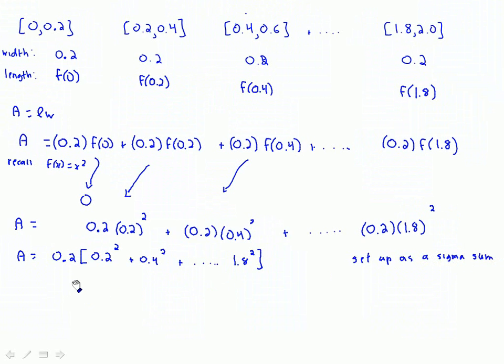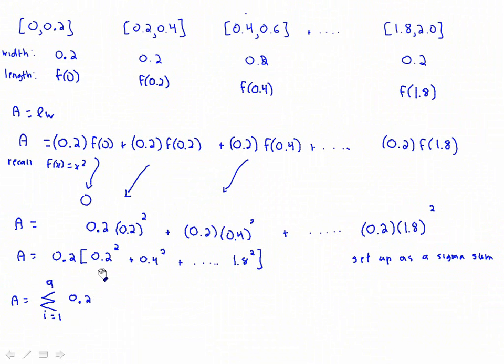We can see that, first off, using this, area is equal to sigma, starting at, let's say, i is equal to 1. Doesn't matter which variable you use. And up to 9, because we have 9 terms. Remember, the 0 went away. We do have 0.2 because that 0.2 has been removed as a common factor.